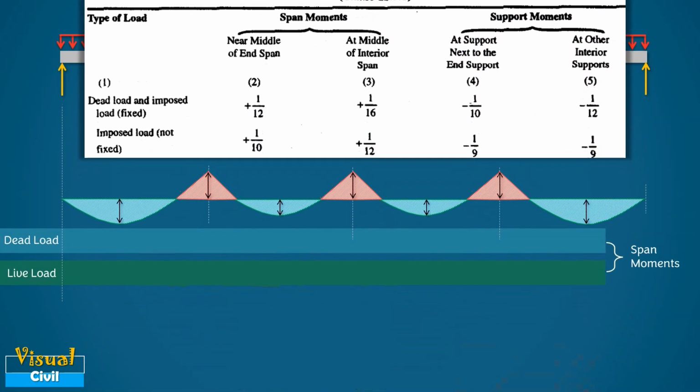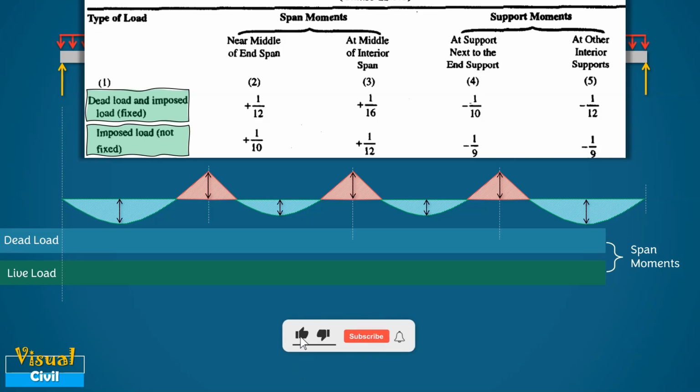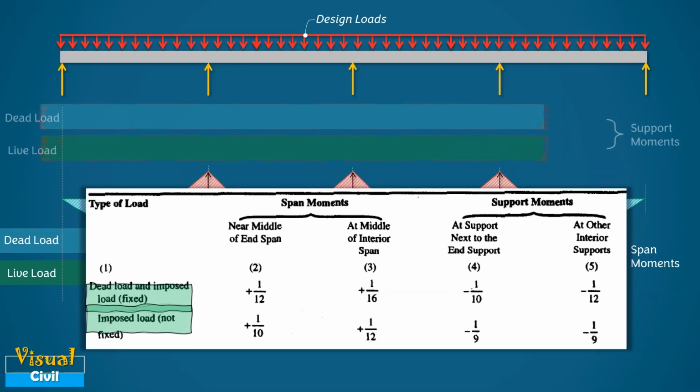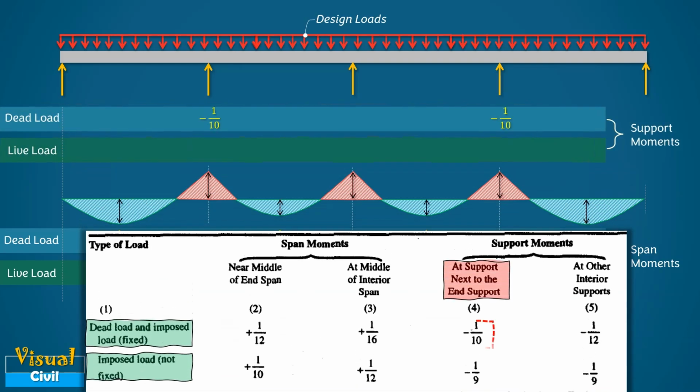Here, separate coefficients are given for dead load and imposed or live load. For example, in span moments near the middle of end span, the coefficients for the dead load and imposed load are 1/12 and 1/10 respectively, whereas at the middle of interior span, they are 1/16 and 1/12. At the support next to the end support, the coefficient for dead load is minus 1/10 and that for the imposed load is minus 1/9.